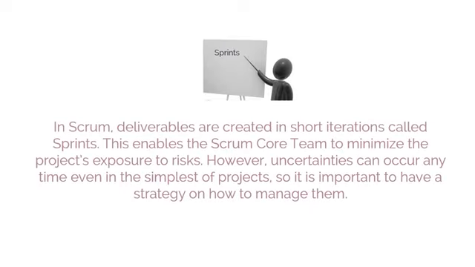Risk management in Scrum. In Scrum, deliverables are created in short iterations called sprints. This enables the Scrum core team to minimize the project's exposure to risks. However, uncertainties can occur anytime, even in the simplest of projects, so it is important to have a strategy on how to manage them.